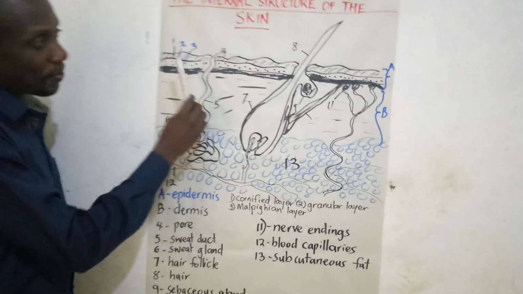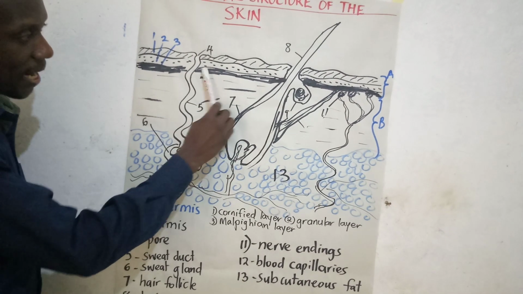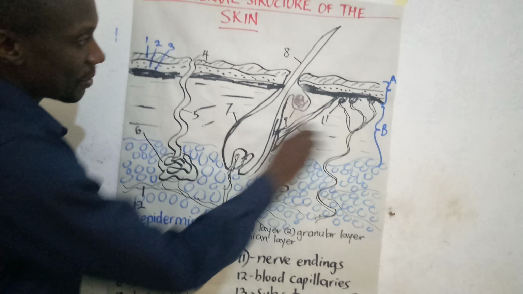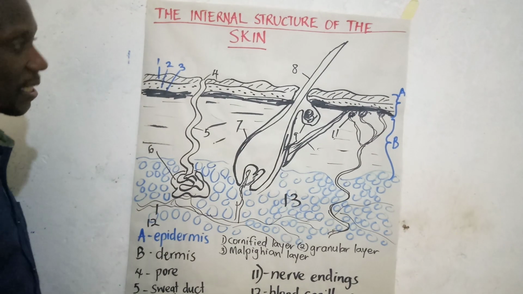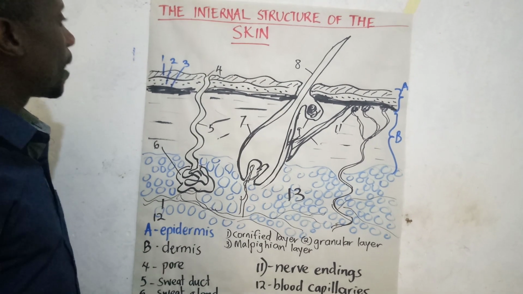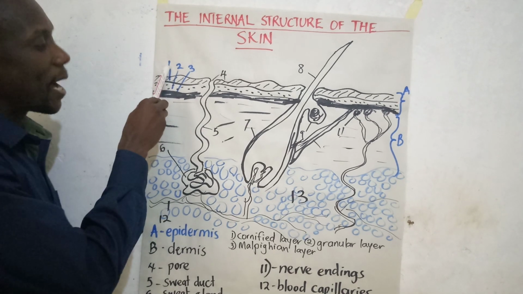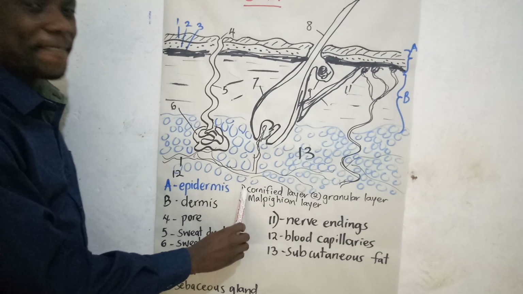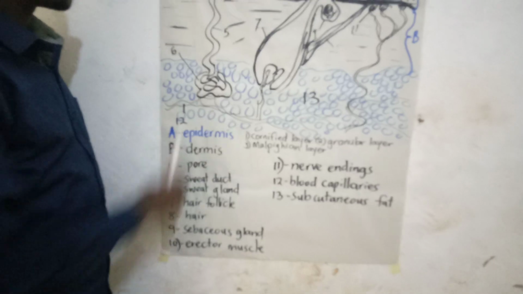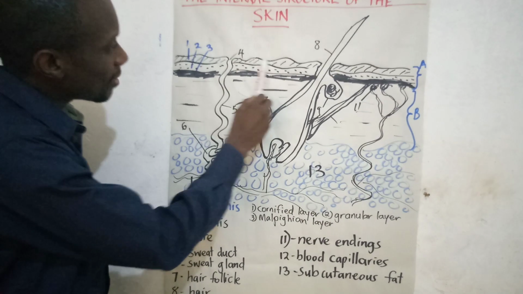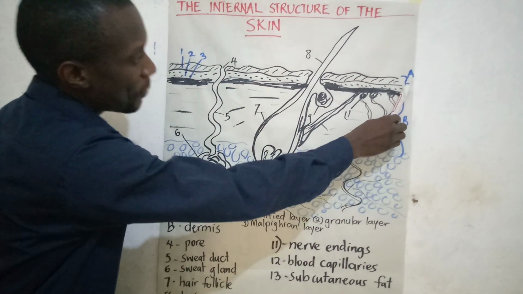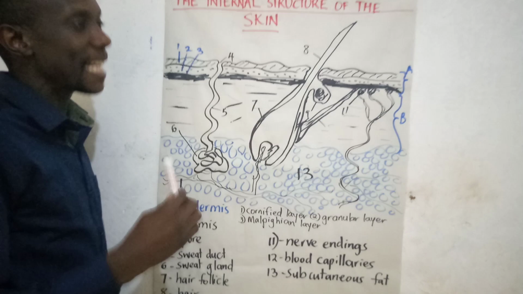So the innermost part of the epidermis is the one I've shaded with that black, for reasons that I will give later. Layer 1, the outermost layer of the epidermis, is called the cornified layer.